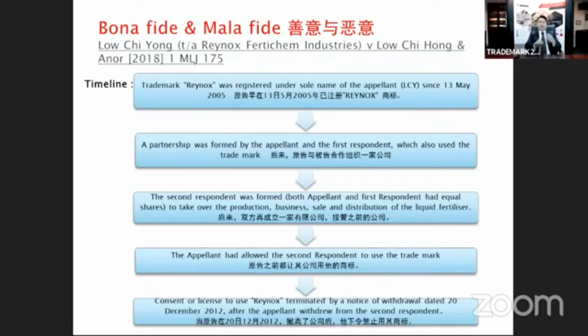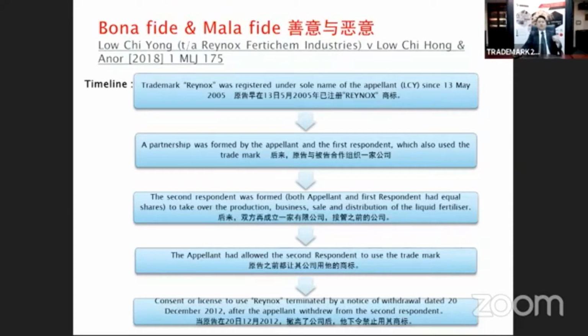So you have the High Court, Court of Appeal, and the Federal Court. So why the Federal Court? Because these two parties appealed all the way to the Federal Court, which is the ultimate court, all right? Let me tell you a bit of the facts of the case. This case involved the trademark Renox, and it was registered under the sole name of the appellant, LCY, Lo Chi Yong, since 13 May 2005.